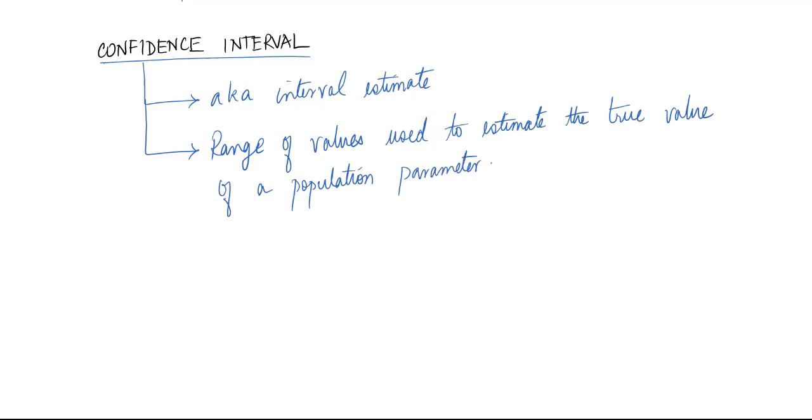As we mentioned, we often do not have information about the population, but we can use these estimates to help us land as close to the true population parameter as possible.